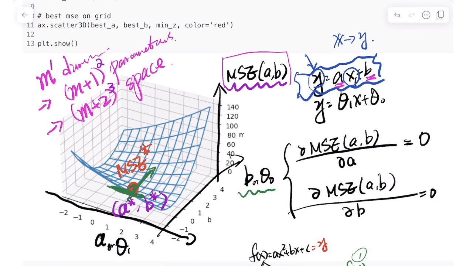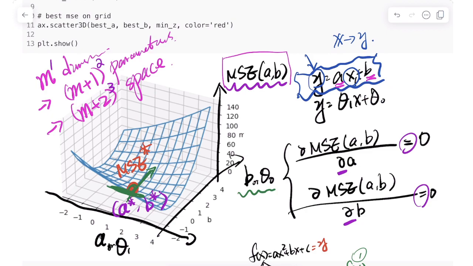So basically, in an m plus 2 space, you can perform m plus 1 partial differentiation. So you can use these m plus 1 equations to figure out what is the exact value of A and B and C, or theta 0, theta 1, theta 2, to theta m.